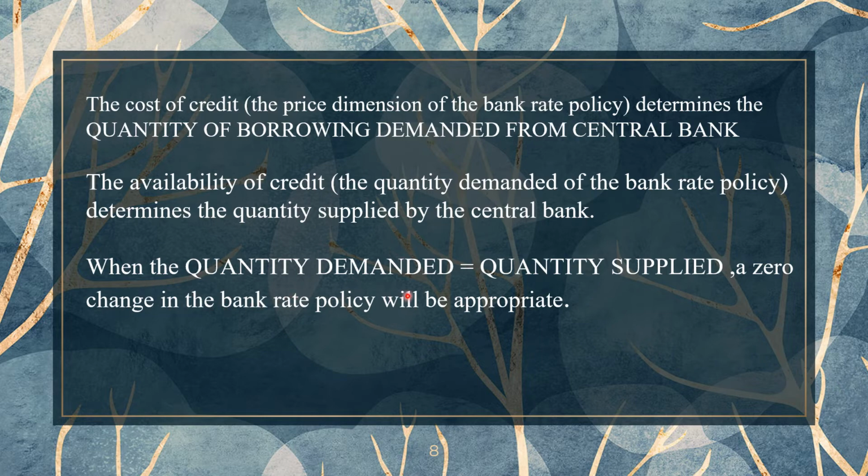And when the quantity demanded by the commercial banks from the central bank and the quantity supplied by the central bank to the commercial banks become equal, a zero change in the bank rate policy will be appropriate. This means when the quantity demanded of the loan becomes equal to the quantity supplied of the loan, then you don't need to make any change in the bank rate policy. Then zero change is required. Then you stay where you are when this condition gets met.